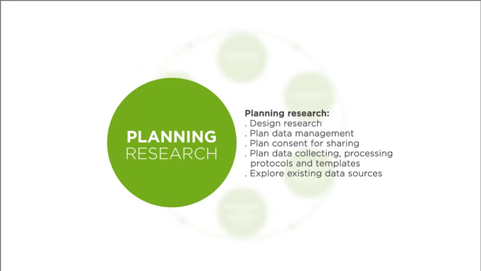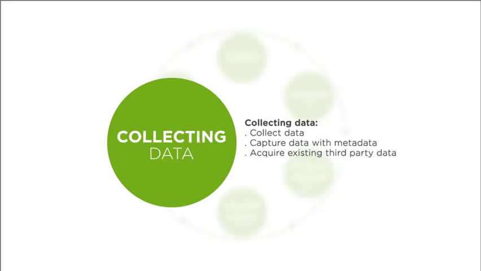Planning research involves designing research methodology, designing experiment designs, planning how you will manage data, planning consent for sharing, planning data collection procedures, planning how the data would be processed, making protocols for data processing, and preparation of templates. It also involves exploring existing data sources from other repositories.